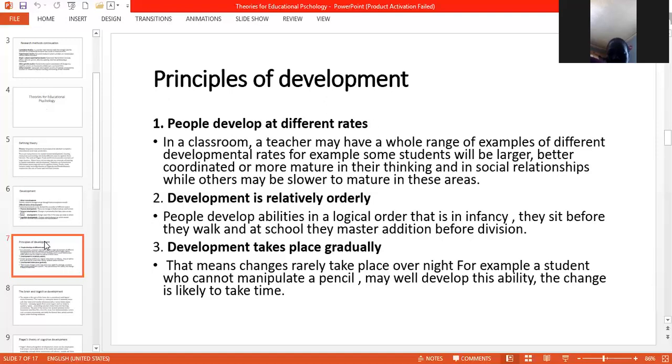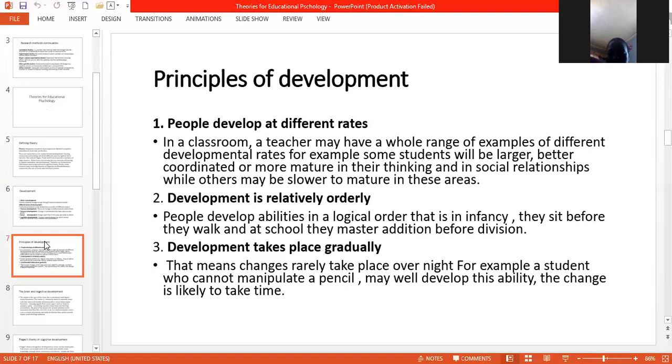Number 3, development takes place gradually. That means changes rarely take place overnight. For example, a student who cannot manipulate a pencil may well develop this ability. The change is likely to take time.